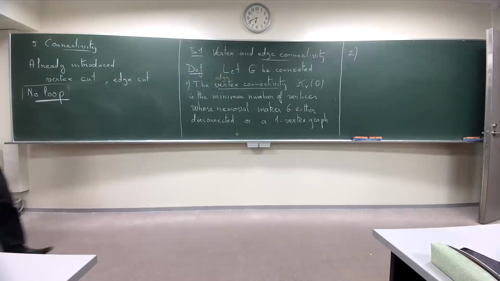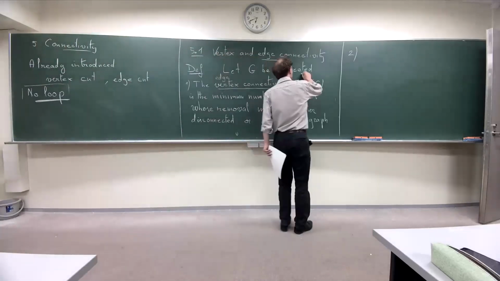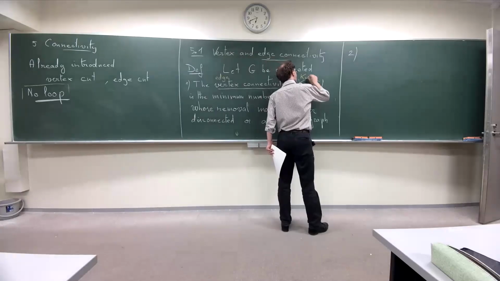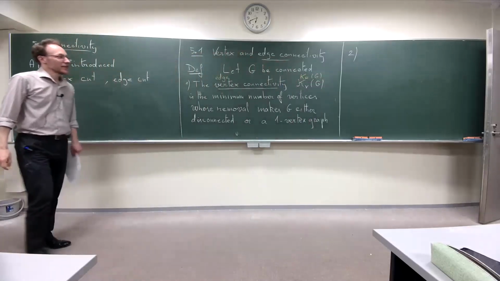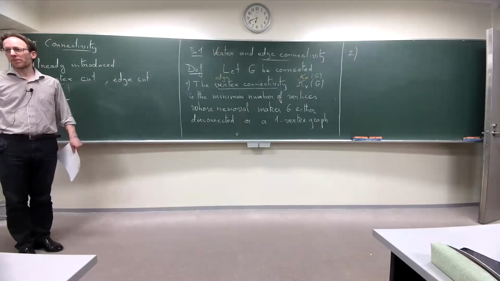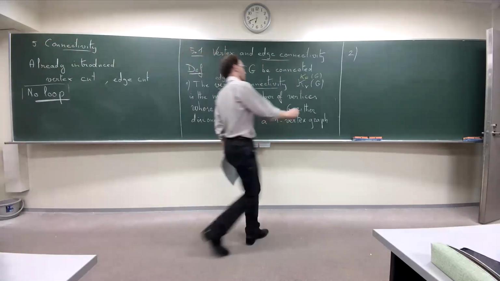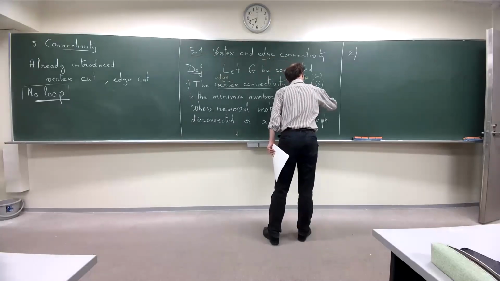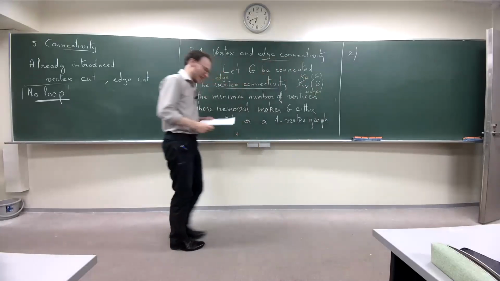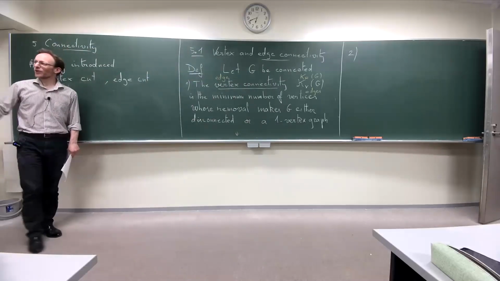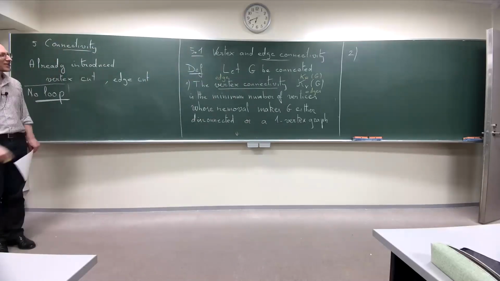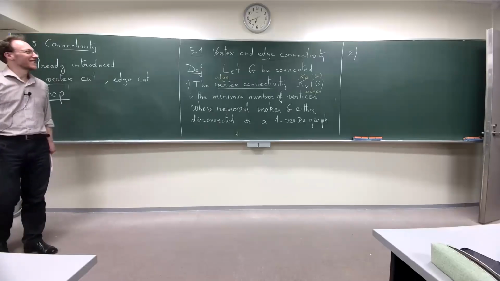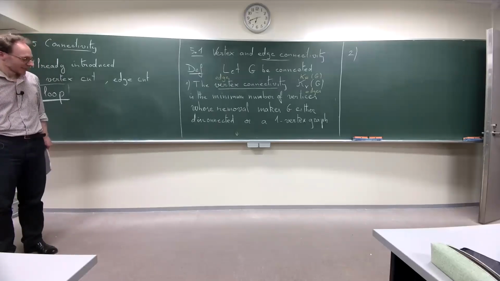Edge connectivity, then I need to give a new name, kappa E of G, is the minimal number of edges. Yeah, with a tablet, it's easier for you. You just make copy and paste, and you change 3 words. I cannot do it on the blackboard. And I think it's correct.